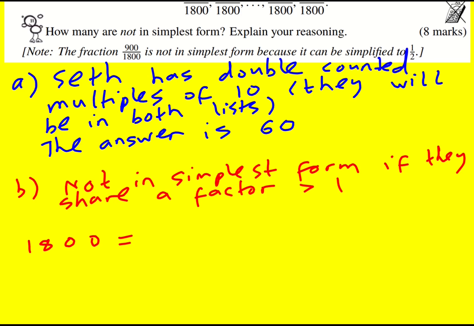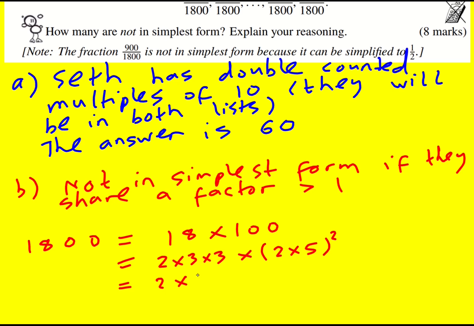First of all, I'm going to get it into its product of prime factors. There's 18 times 100, which is 3 times 6, or 2 times 3 times 3, sorry, I made a mistake there.